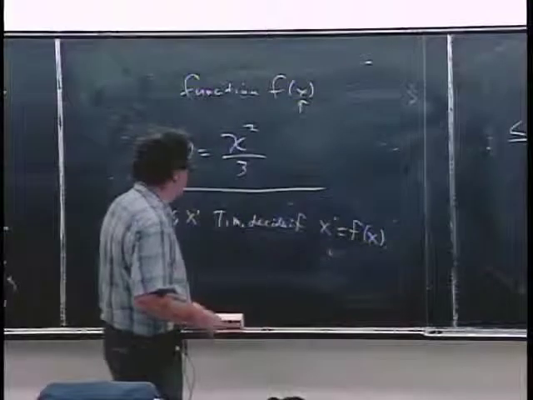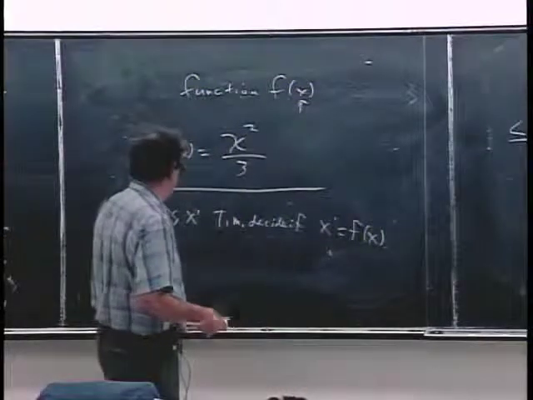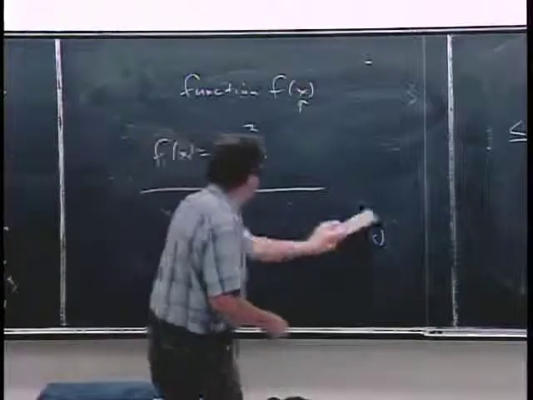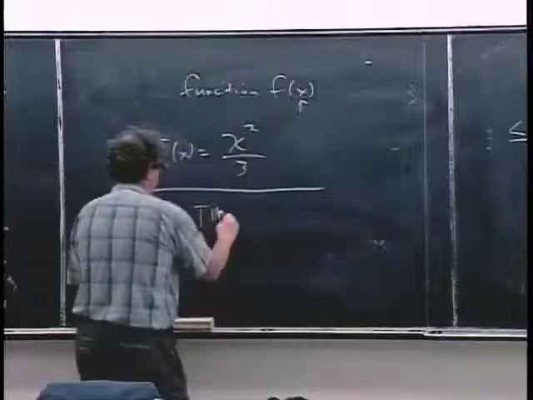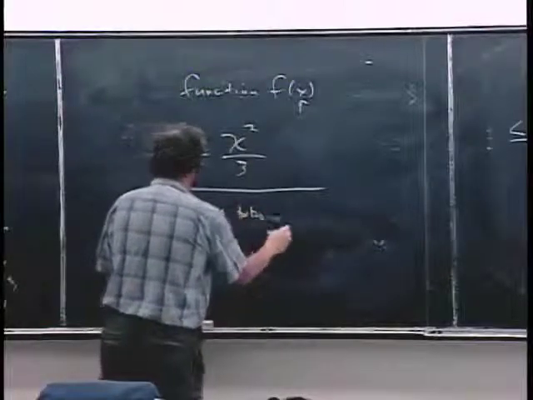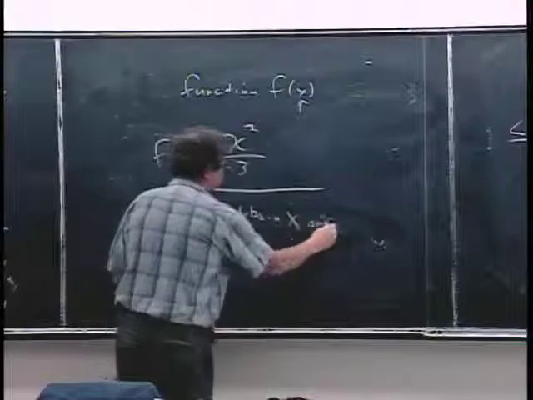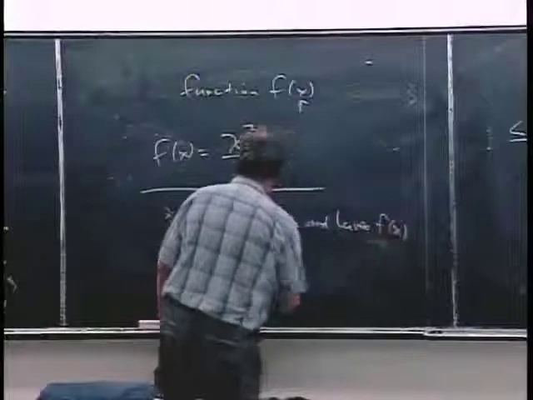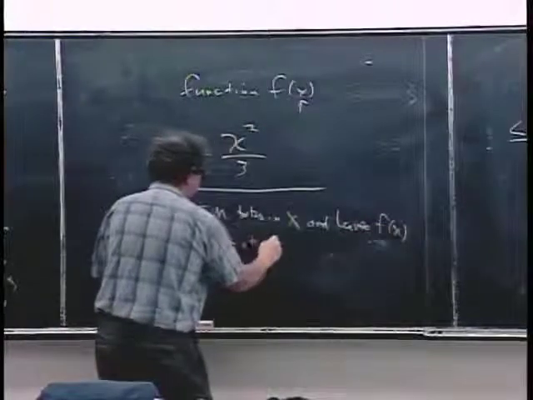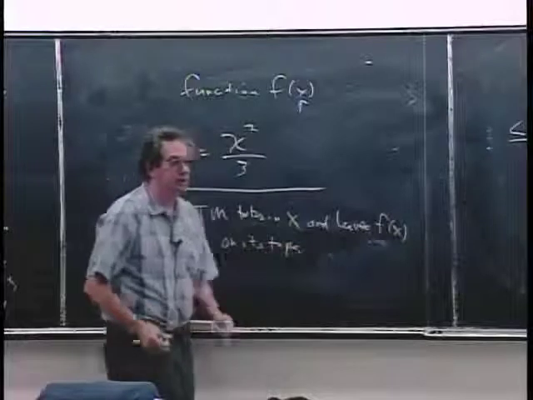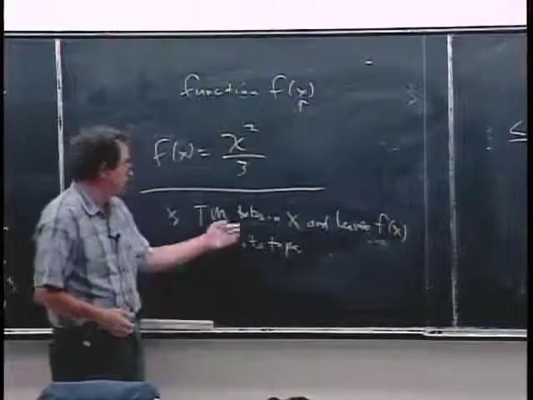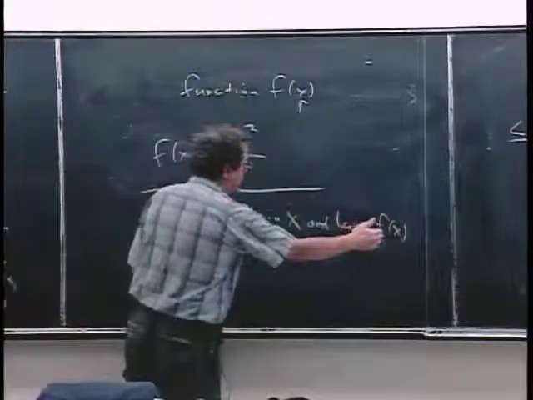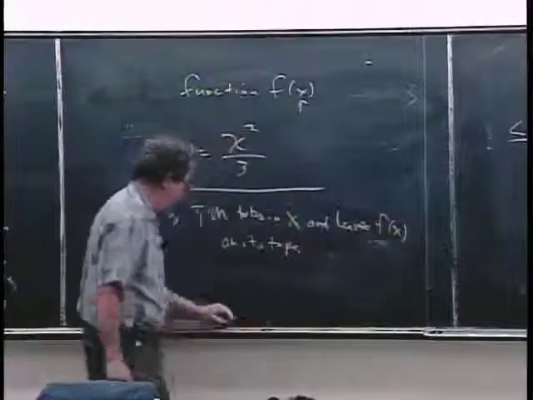But now we can relax the idea of a Turing machine if we want, and just say that the Turing machine takes in x and leaves, when it halts, f of x on its tape. Not a big stretch. Of course, it means that the Turing machine has to halt, okay? And when it halts, it leaves f of x on its tape.